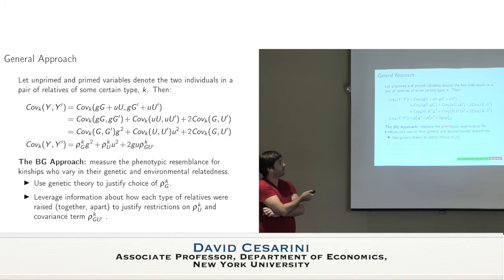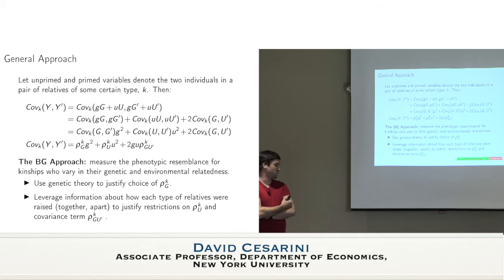So typically, the choice of rho_Kg comes from genetic theory, and then what people do is try to leverage separation experiments to identify types of relatives that typically grew up in separated environments, and then use that to justify some restriction. Typically, that these covariances are zero, though in practice we can think about what that means, and you can imagine other ways to proceed.